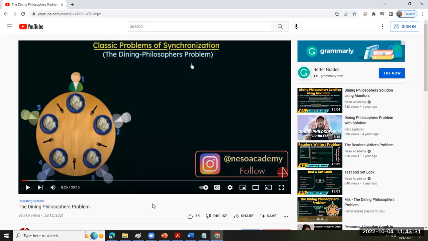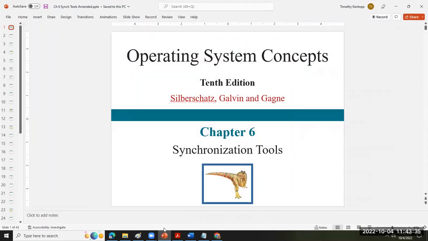So that's what we investigate in our first chapter, and then in chapter 6, and then in chapter 7, we take a hard look at what happens when processes deadlock. What does deadlock mean? How do we avoid deadlock? What are the consequences of deadlock, and so on.